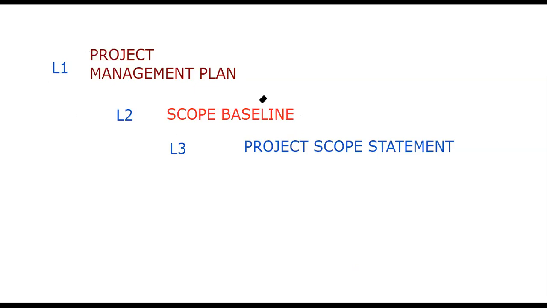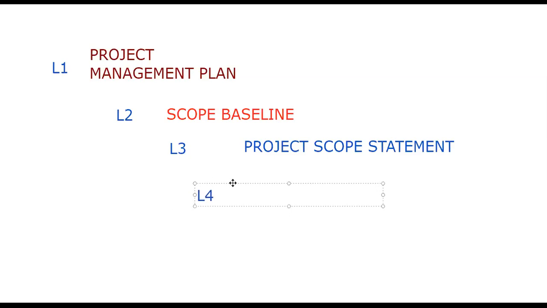If you follow me to 5.3 in the PMBOK guide. 5.3 is define scope. And in define scope, the PMI have very kindly broken down level 4 items in the project scope statement. So I'm just going to call this L4.